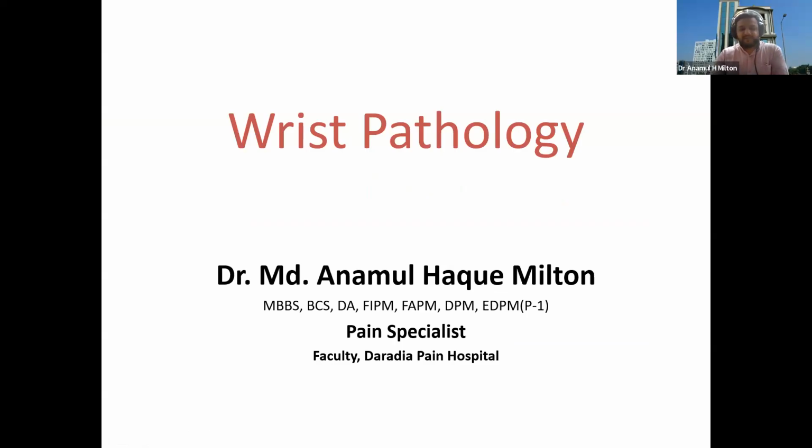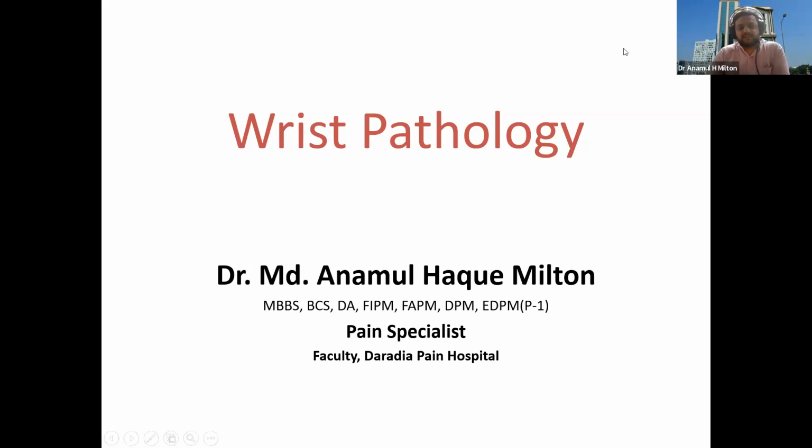After a very nice anatomical demonstration of the wrist, because a lot of muscles, ligaments, and tendons cross the wrist, both dorsal and palmar, there is a lot of pathology in and around the wrist joint. So we have to know the pathology.